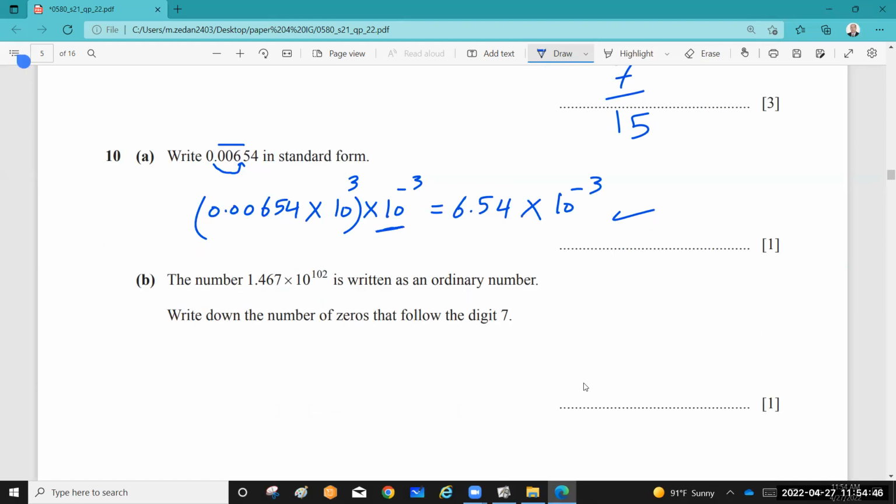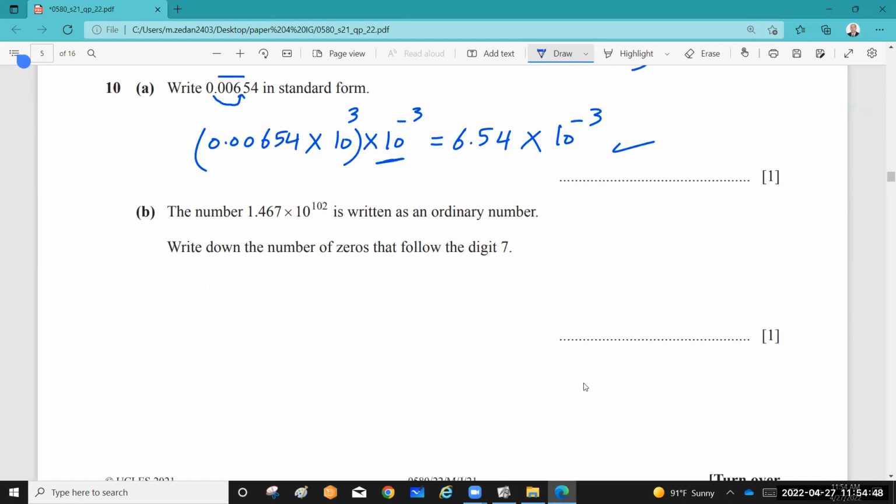Part B: the number 1.467 times 10 to the power 102 is written as an ordinary number. Write down the number of zeros that follow the digit 7. To remove the decimal point and bring it back to ordinary form, I need to multiply 1.467 by 1,000, 10 to the power 3.